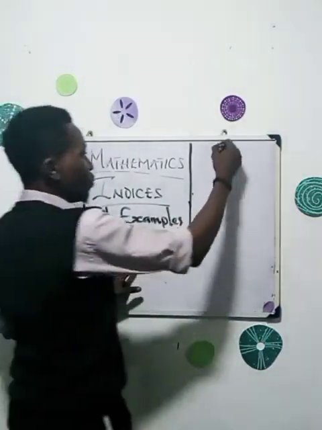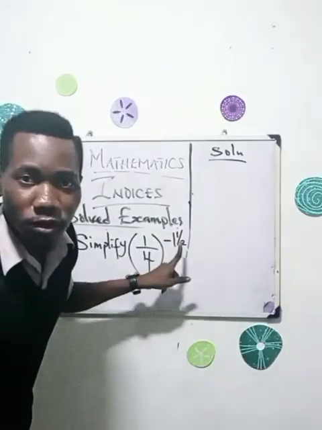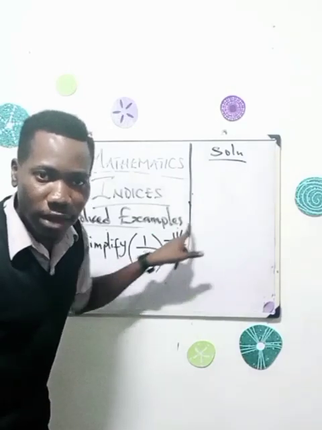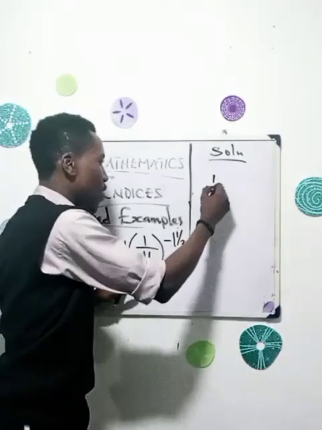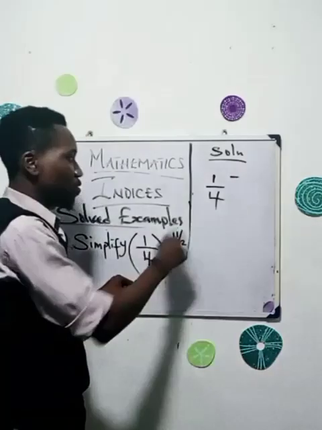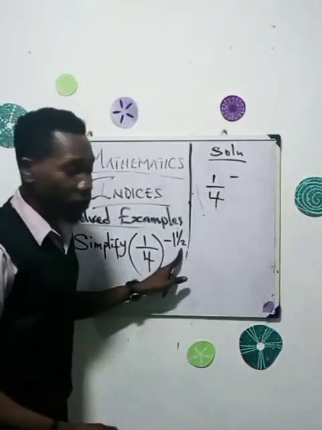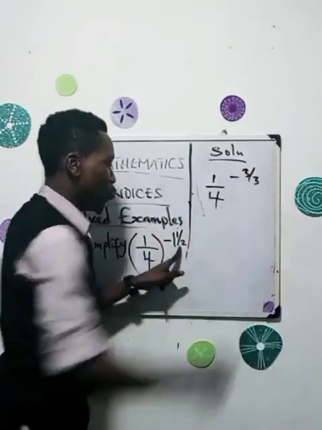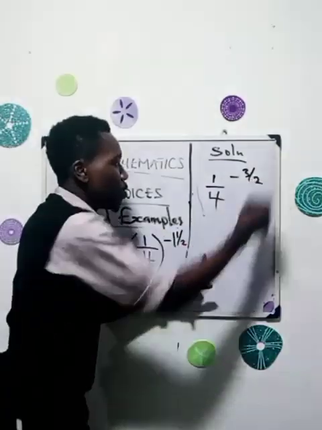So solution, this is the question. The question says 1 over 4 all raised to the power of minus 1 over 1 over 2. So we want to change this to an improper fraction, okay? So you're going to have 1 over 4 all raised to the power of minus, let me leave it out of bracket first so you understand, minus 3 over 2, because 1 over 1 over 2 is 3 over 2.